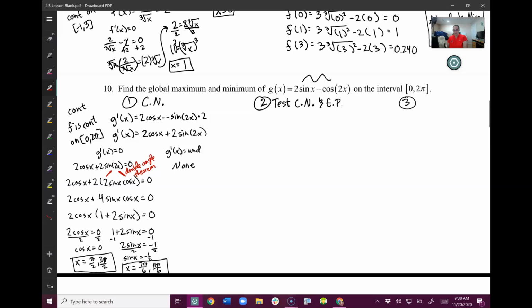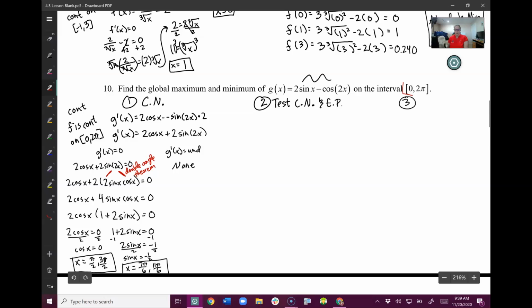Then I factored a 2 cosine out. So then I was left with 1 plus 2 sine equals 0. And then set them both equal to 0. So I have cosine of x equals 0, which is at pi halves and 3 pi halves. That's where your x value is 0. Also, I know last time we would have only said pi halves, but look at this.